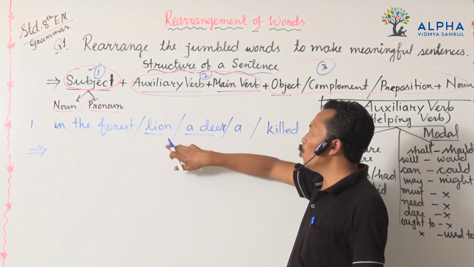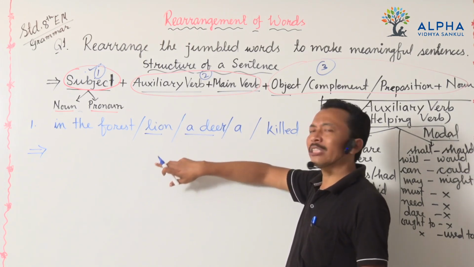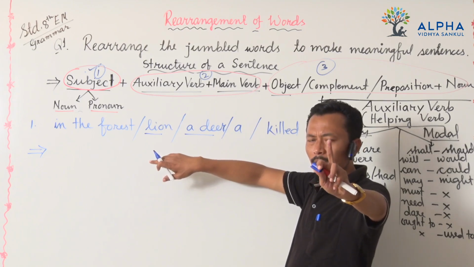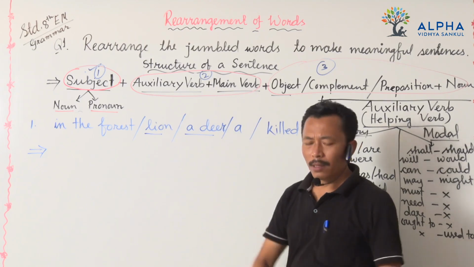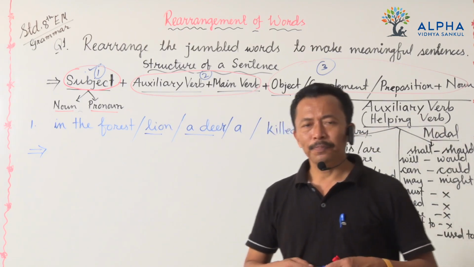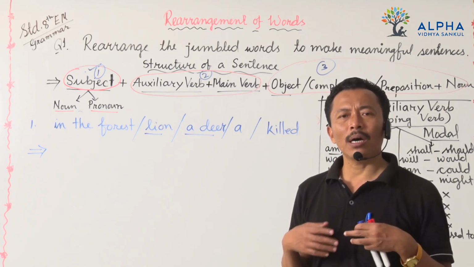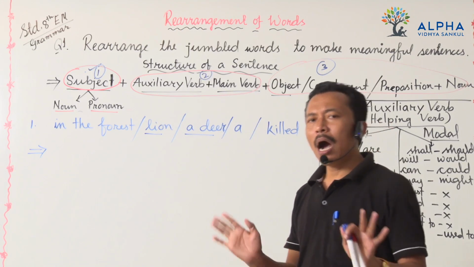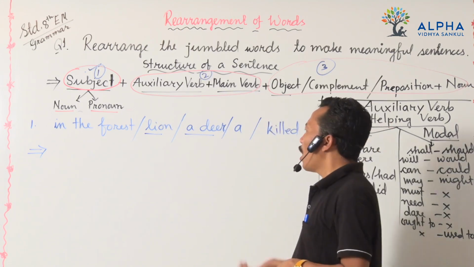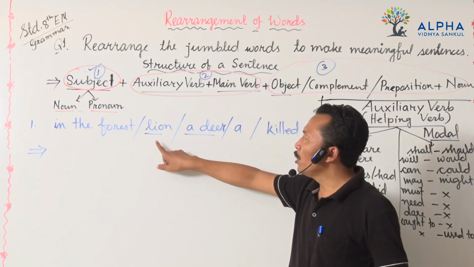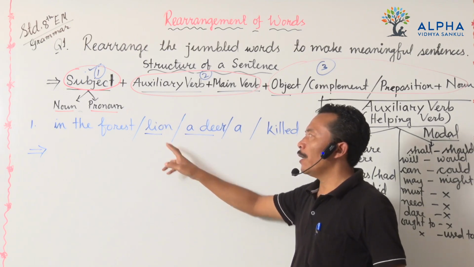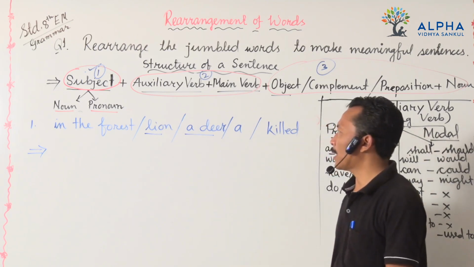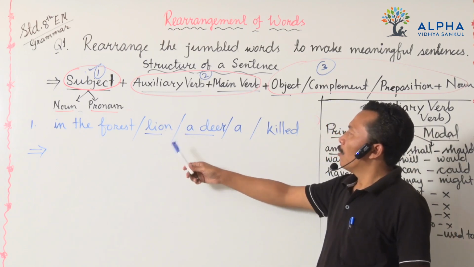But these two nouns cannot both be the subject. Only one. We have to know the sense, how we make the sentence, and choose which one, lion or deer.